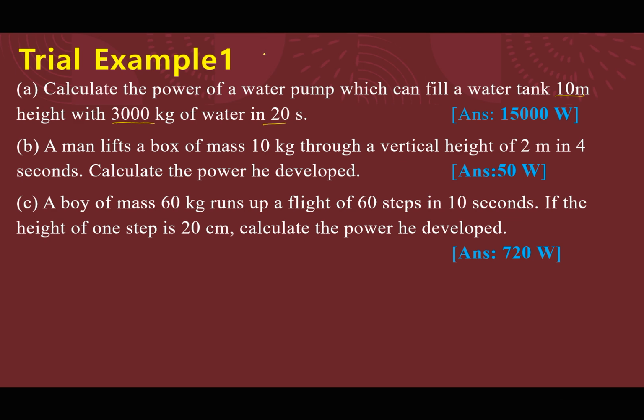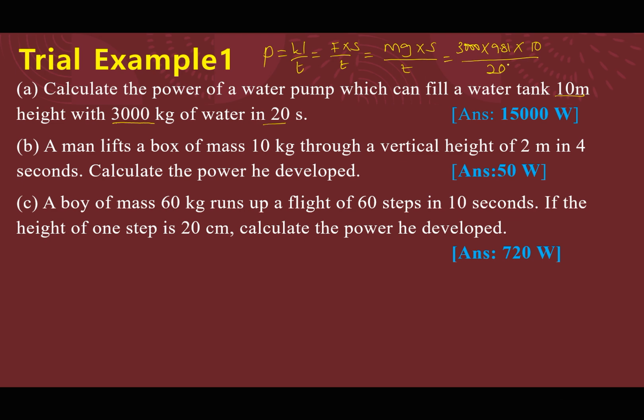So power in this case is going to be equal to work done divided by time taken. The work done is going to be force times displacement, divided by the time taken. The force, we have mass, so the force is going to be the weight. So this is going to be mg, which is the weight, times displacement divided by time taken. Now I will just substitute 3,000 times 9.81, then times displacement, which is 10 meters, divided by 20.